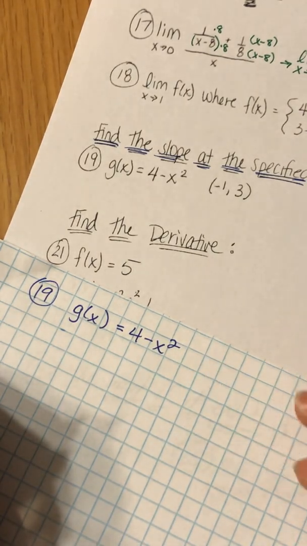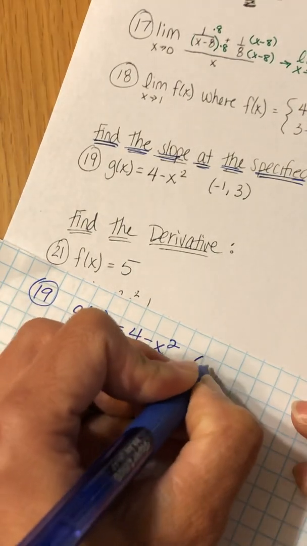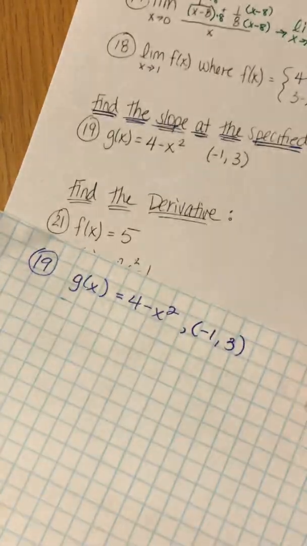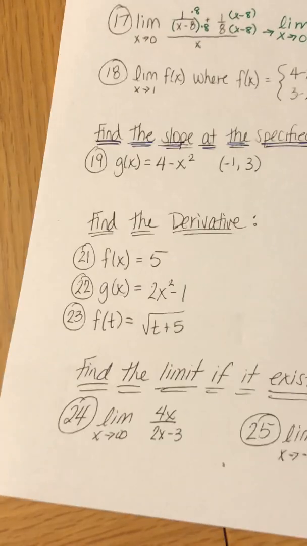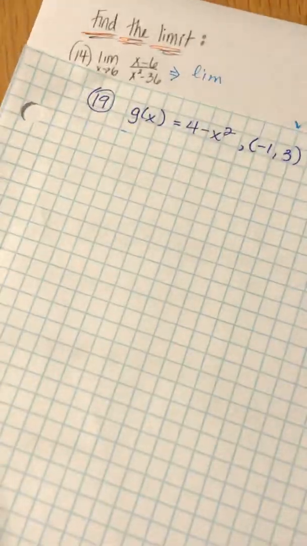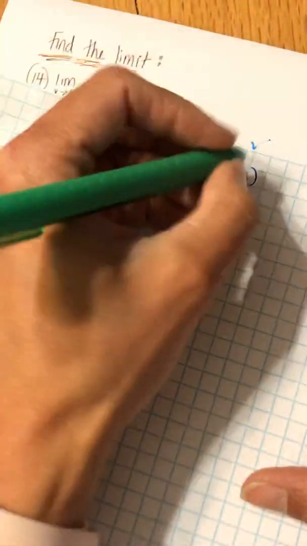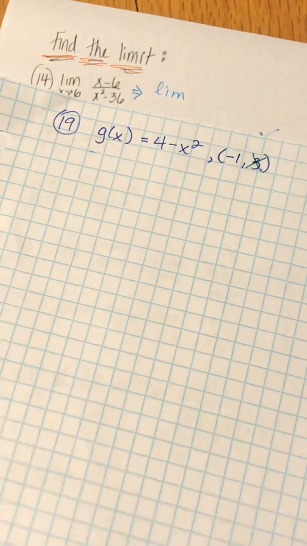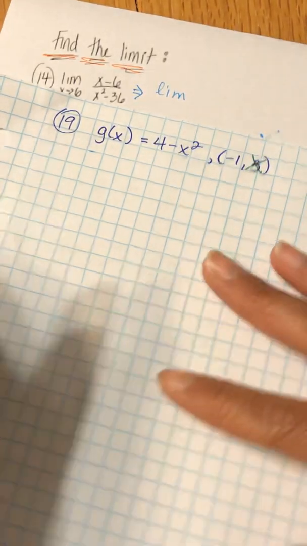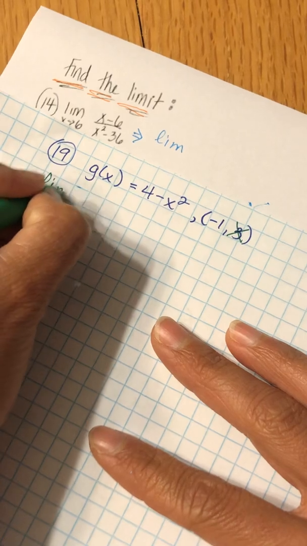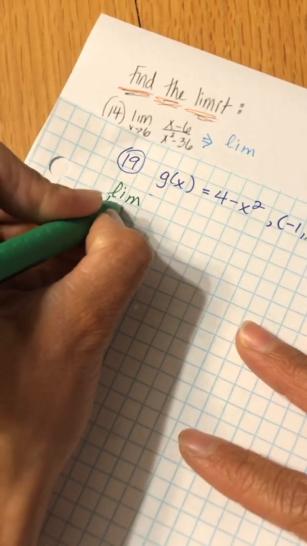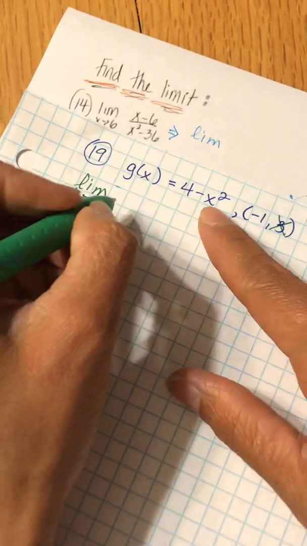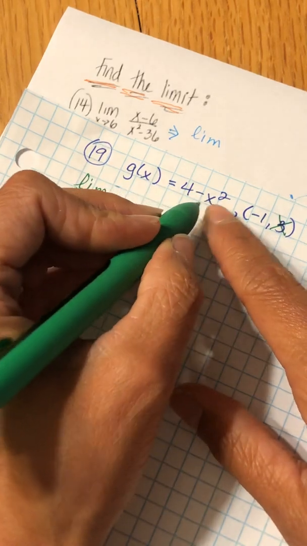All right, we have g of x equals 4 minus x squared at the specified point, negative 1, 3. Remember when it comes down to it, we don't need the y value of that specified point. We need the x value, okay? So let's do this. So I need to take the limit as h approaches 0 of, I need to plug in x plus h for that x.